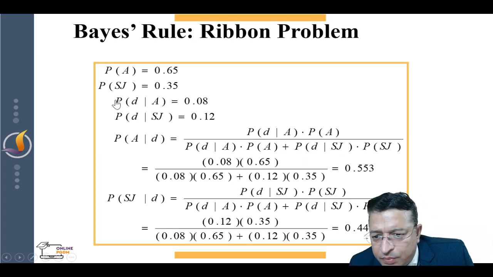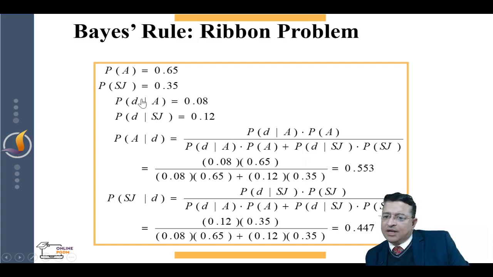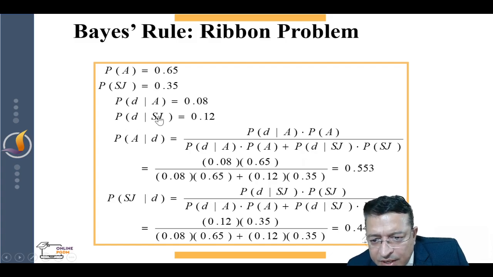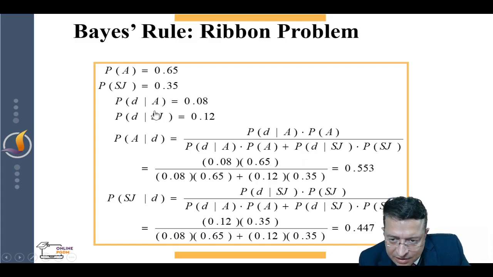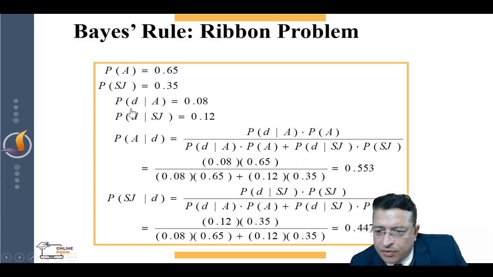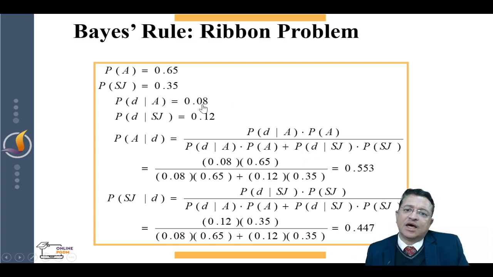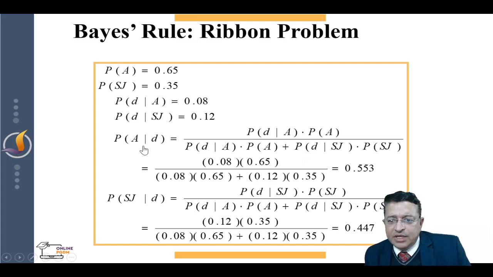Now the probability that a ribbon is defective and produced by Aloma, or defective and produced by the other company. So if these are given, using Bayes rule, we have two cases right now.